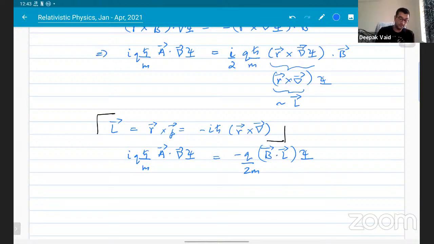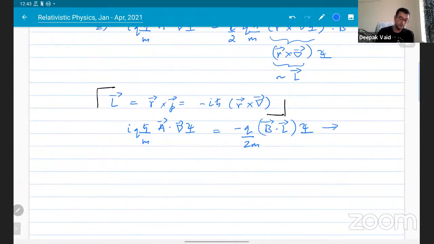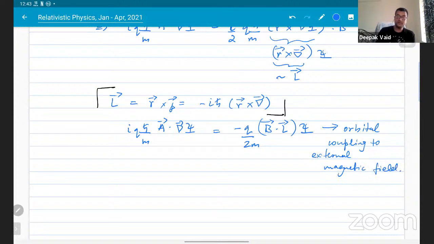So this is called the coupling of the orbital motion, orbital coupling, to the external magnetic field. So if your angular momentum is non-zero, this term will play a role.